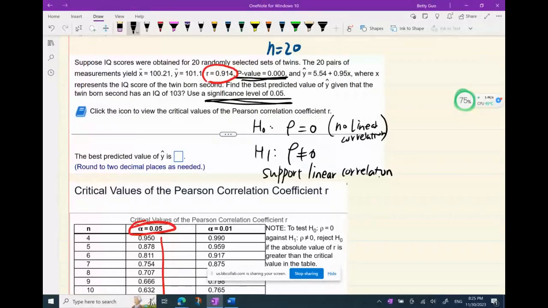Why is that important? It is important because this information shows this model. What model? Your linear regression model, y bar equals 5.54 plus 0.95x, is a good model.